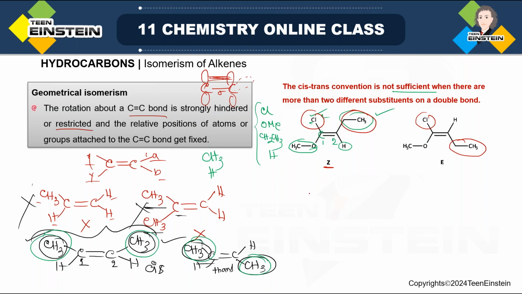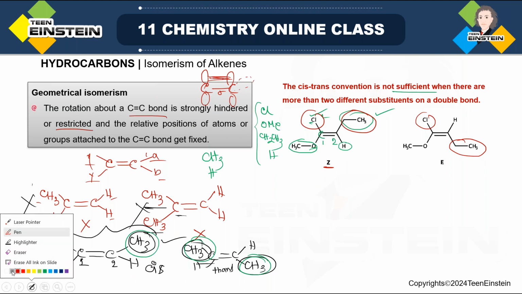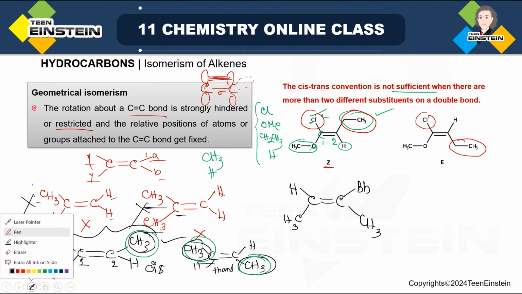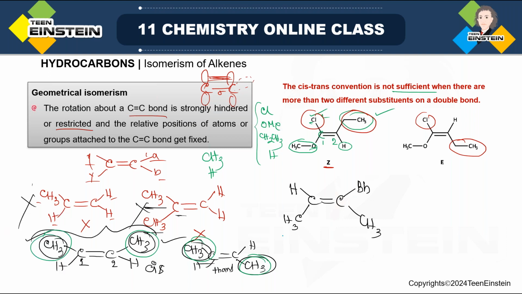So we will take one example where you will see that cis is not matching with Z. So the molecule will be cis, but it will also be E. So what is this example? The example is, now for this molecule, if you simply consider the idea of cis-trans, what will you get? You will see that two similar groups are on the same side.